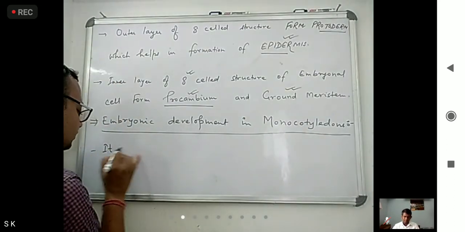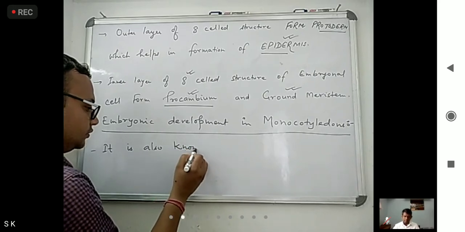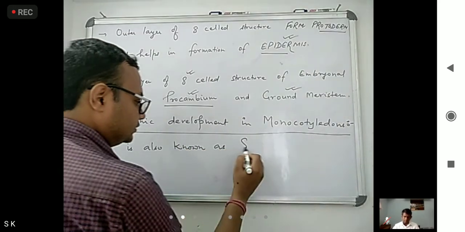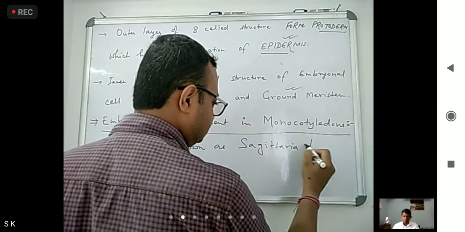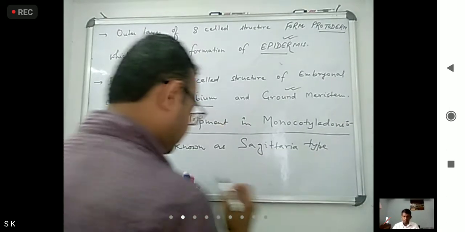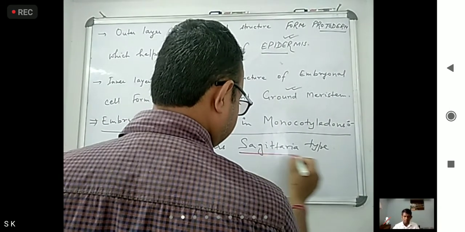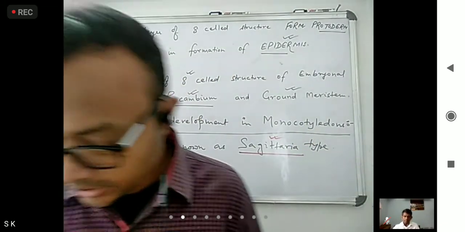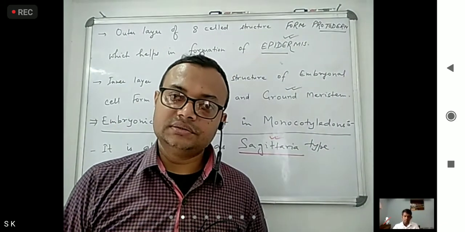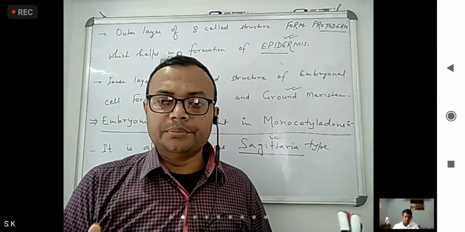It is also known as Sagittaria type. Okay, it is also known as what? Sagittaria type. This is monocotyledons. Now, here there is a difference between dicot development and monocot embryo development.